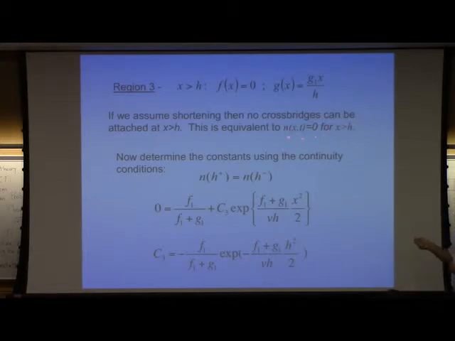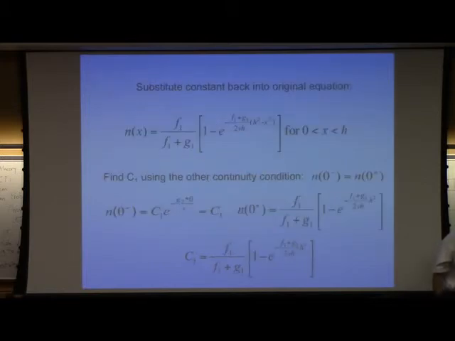For x greater than h, we assume this is 0. Again, this is a conditional probability. We're going to solve using the continuity condition across the boundary at h. We take the solution for n on the negative side of h as being this, set it to 0, and now we can solve for this constant. I'm sorry that I'm whizzing through this, but this is very easy stuff.